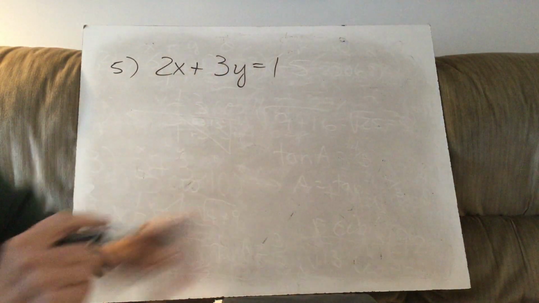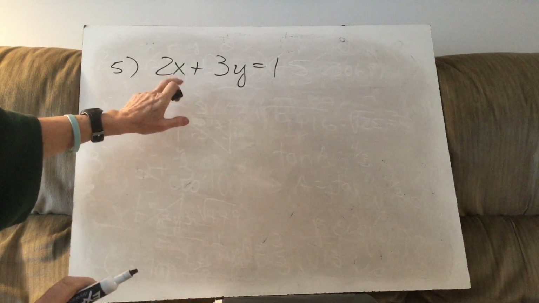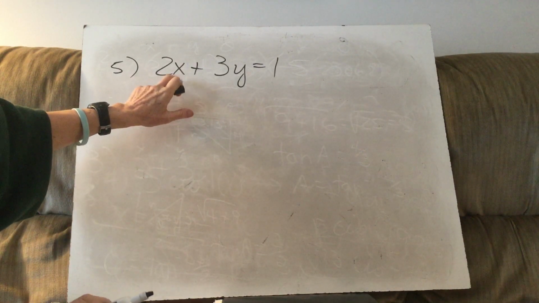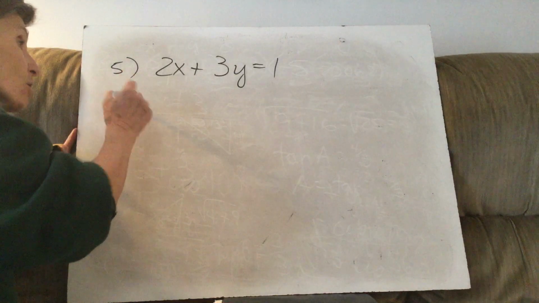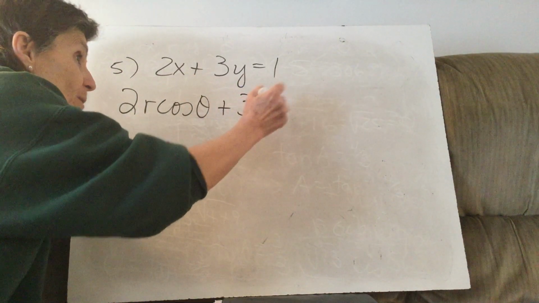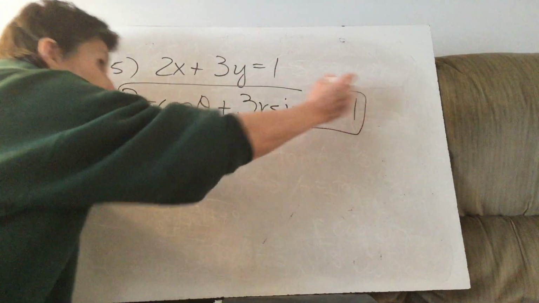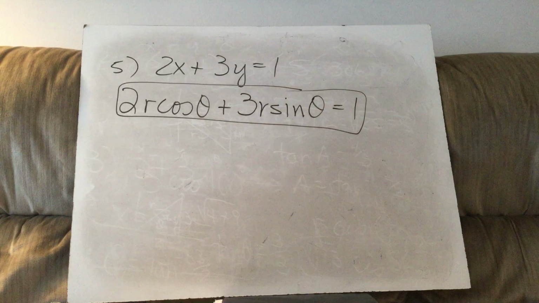Well, I had it written down here earlier and I erased it. What does x always equal? x always equals r cosine theta, and y always equals r sine theta. Done. x equals r cosine theta. That should be written on every page, highlighted. We use that over and over again in all kinds of problems.